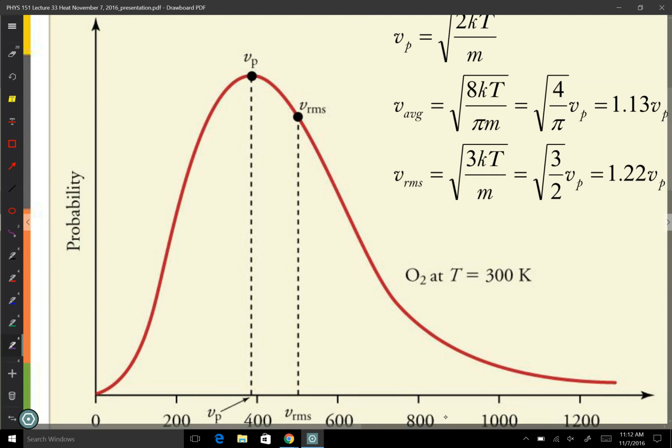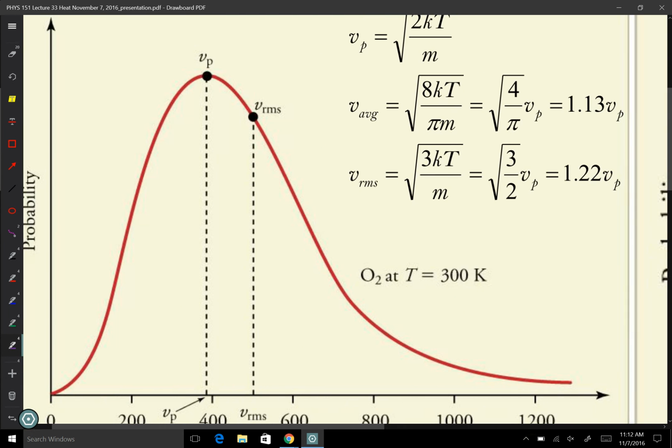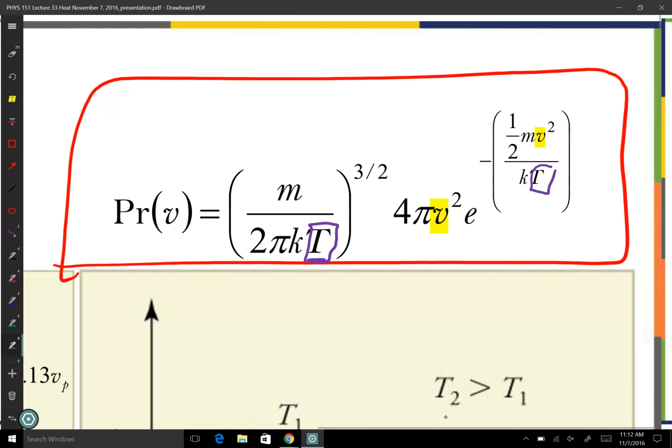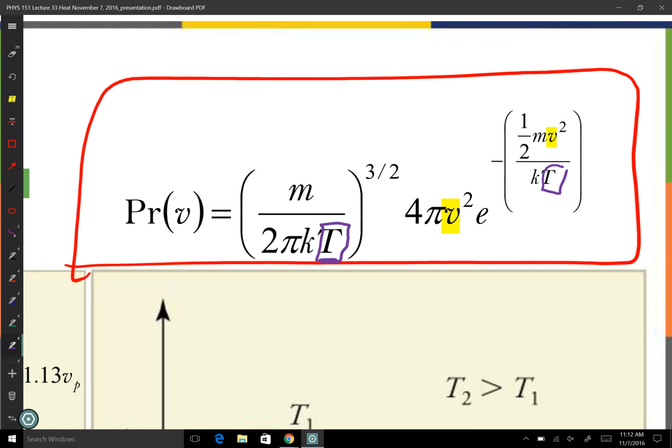The RMS, I said it's always faster, so it's over here to the right. In the calculus-based class tomorrow, we're going to go through and do the calculations to show this. But it turns out if you have this Maxwell-Boltzmann distribution, the RMS speed is always going to be 1.22 times the most probable speed. So there's a fixed mathematical relationship because you have a fixed equation for the probability.